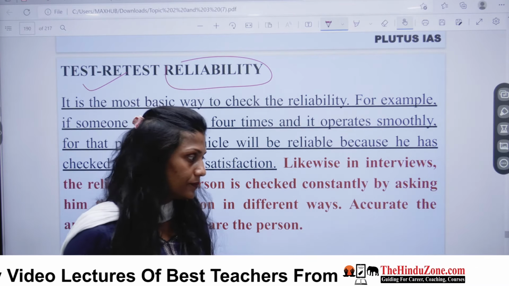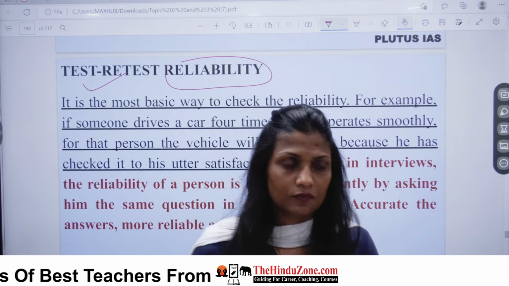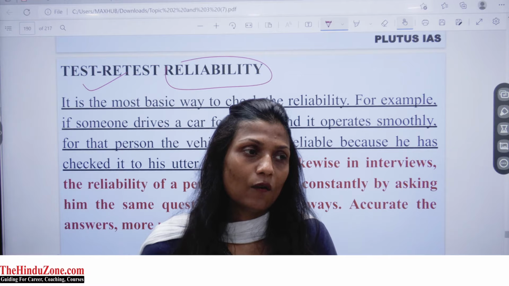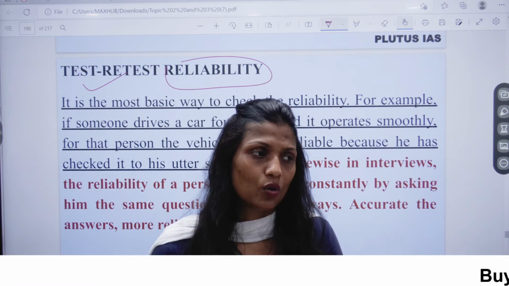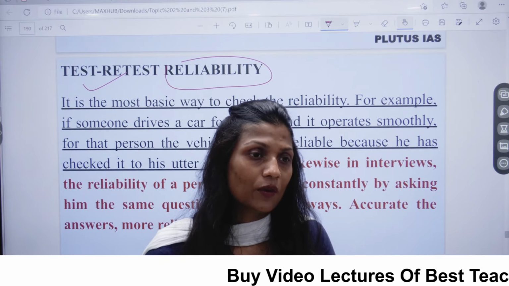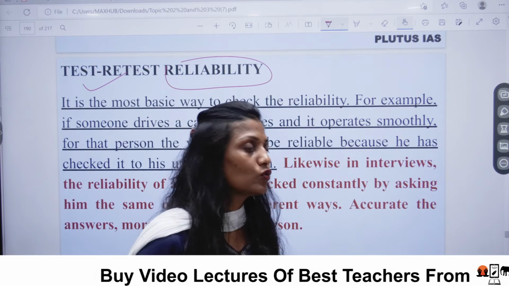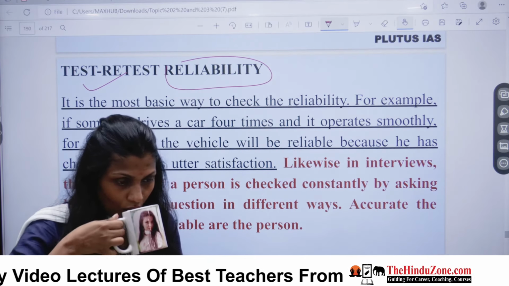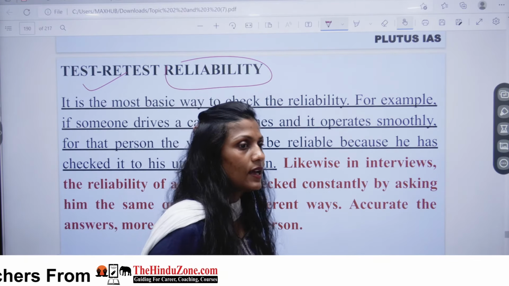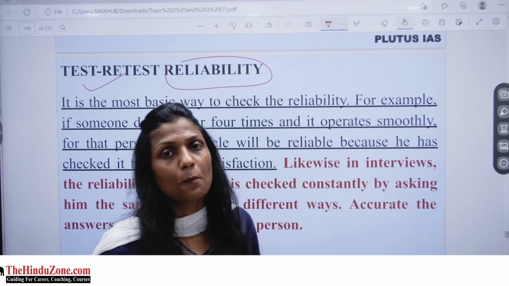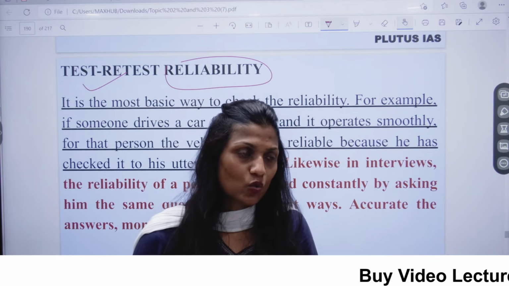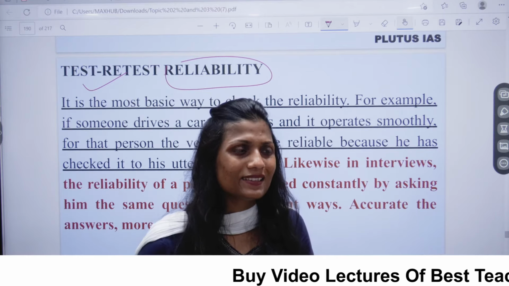As we know, one of the major challenges with sociological research is to have the researcher's own biasedness.